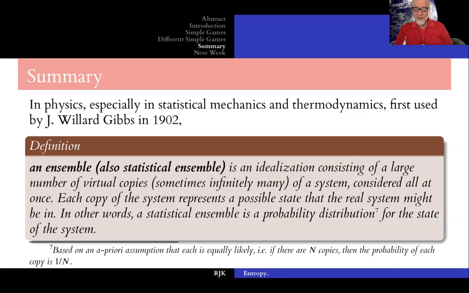It's an idealization of a large number of virtual copies of the system, and you consider all possible realizations of the system you're dealing with. If you assume that the probability of each one is 1 over the number of possibilities, then you have a probability distribution.